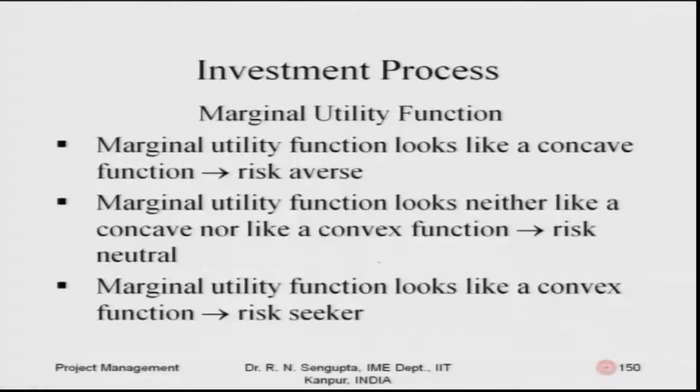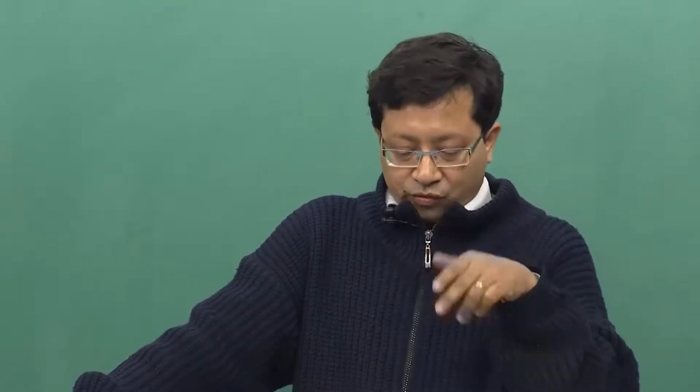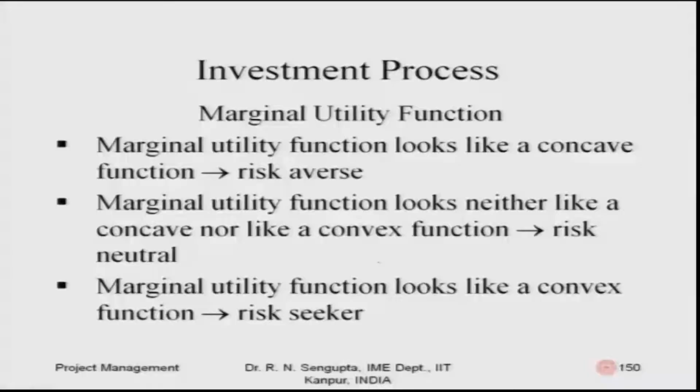Now let us go into the concept of marginal utility functions and what we mean by the marginal rates. The marginal utility function basically means the first derivative. If the marginal utility function looks like a concave function, it is a risk aversion property. If you go back to the last slide, slide 149, you will see the red one which is increasing, so the marginal utility function looks like a convex function, hence the person is a risk seeker.